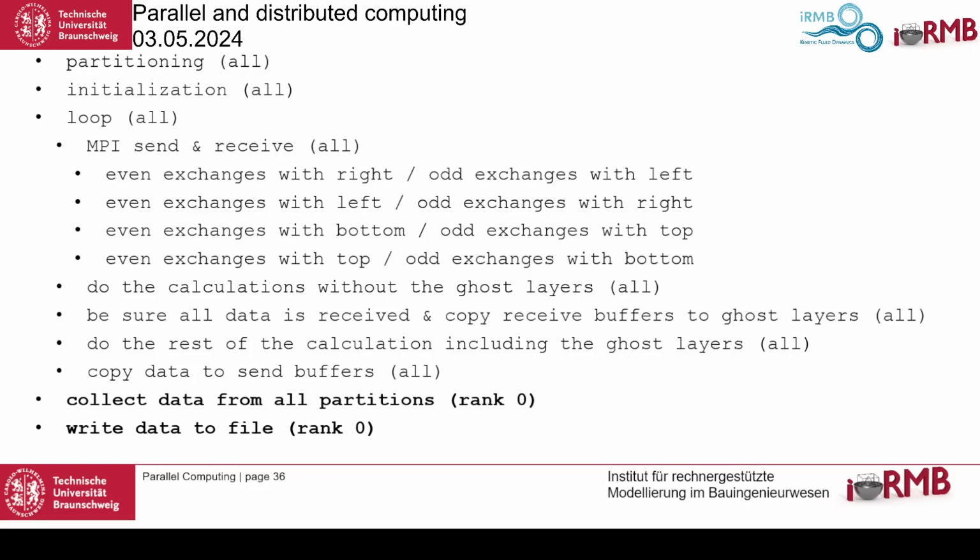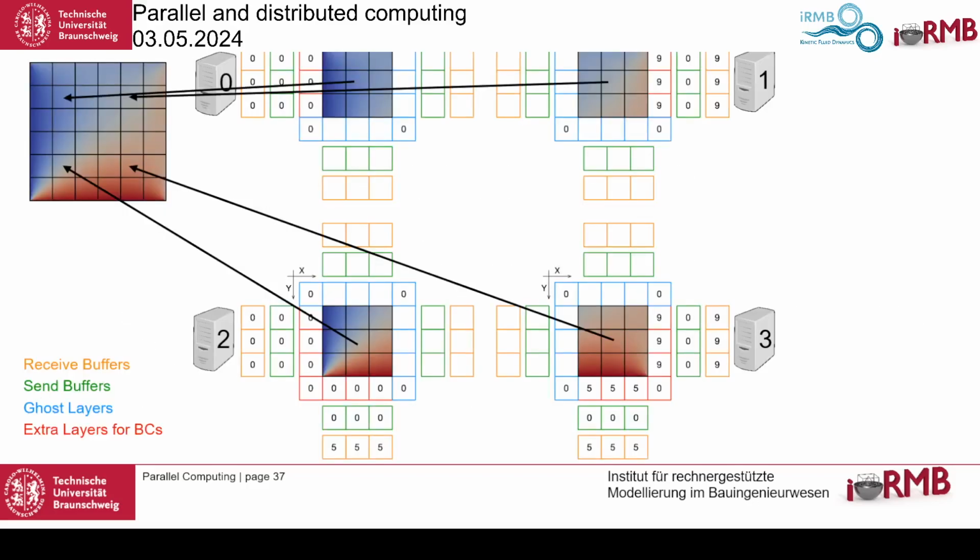This can be done by a gather communication: the rank 0 process collects all the data from all the others and puts it into a single domain, and then it writes out this file in the parallel view format.